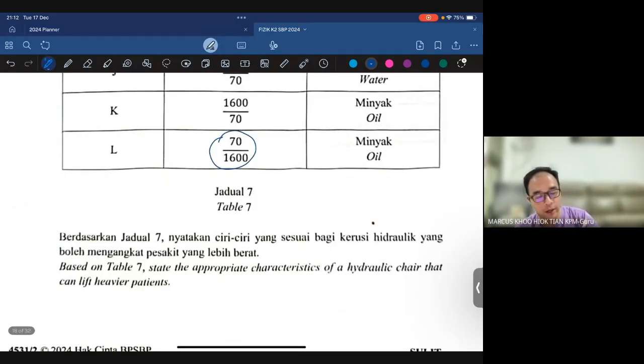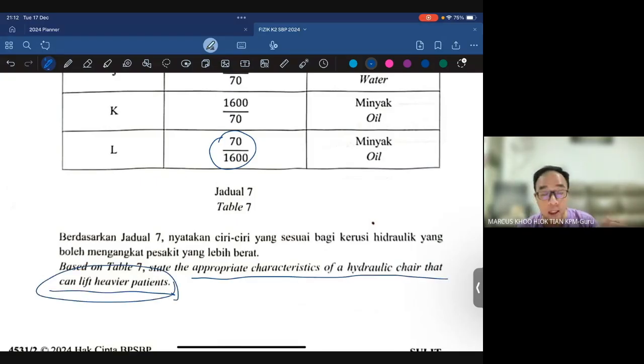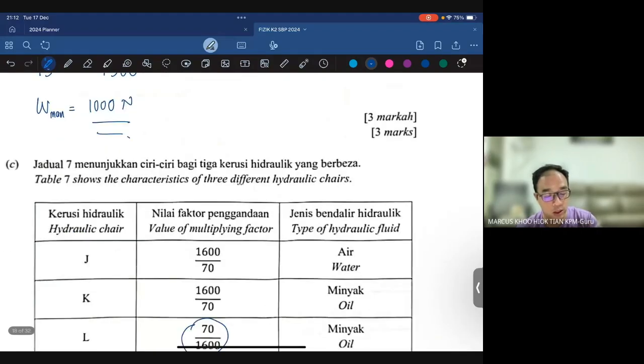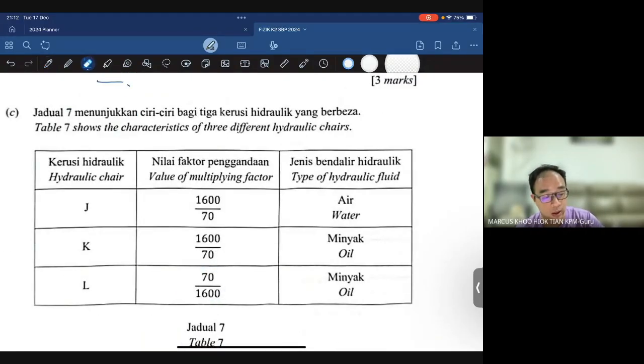We want the appropriate characteristics of a hydraulic chair that can lift heavier patients. This is the purpose: we want to lift heavier loads. So the multiplying factor must be a big, or large, number. Which is this. This is a large multiplying factor.